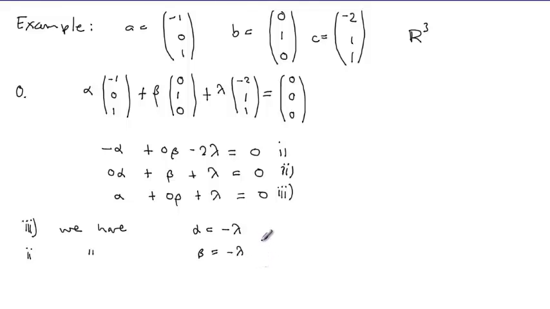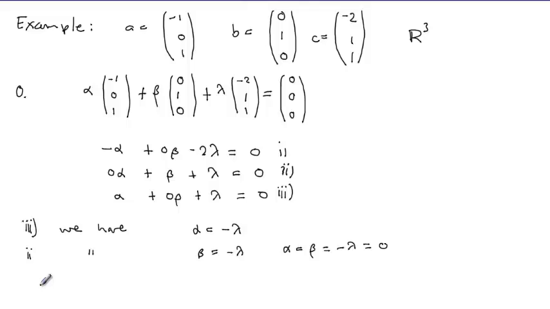Now in this case, we've got that alpha is equal to beta is equal to minus lambda. Now, substituting in equation 1, we can conclude that these three are equal to 0.